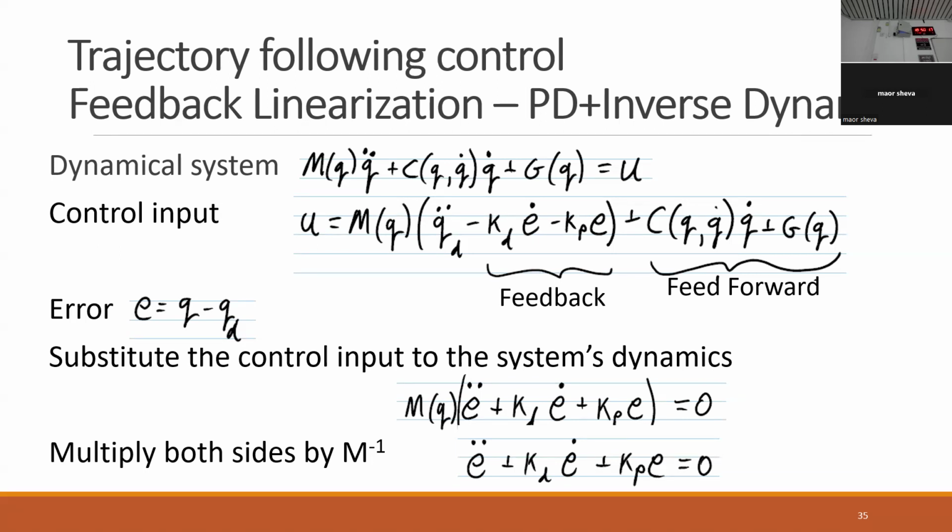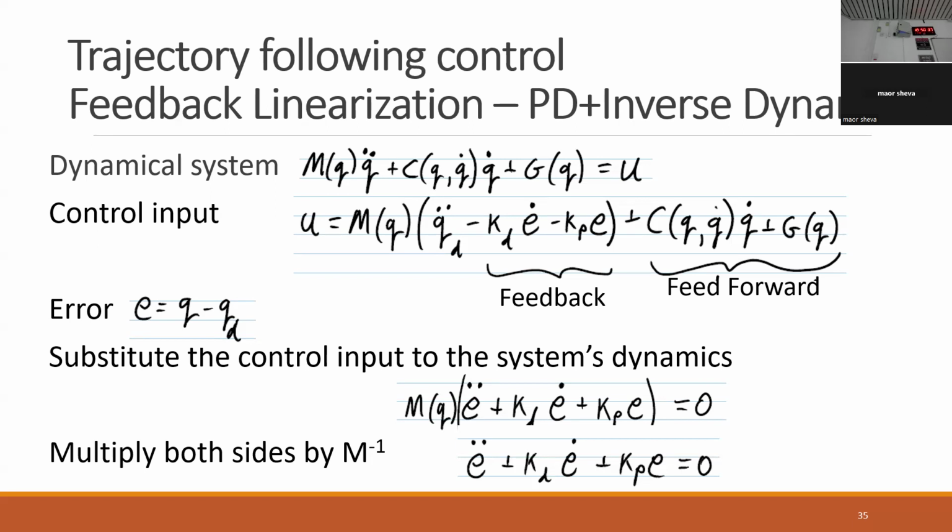M is symmetric positive definite, so I can multiply both sides by the inverse of M, and I get e double dot plus KD e dot plus KP e.